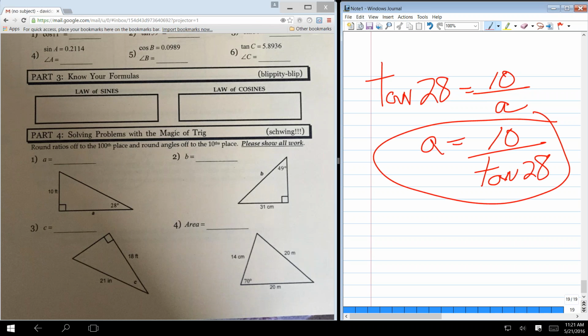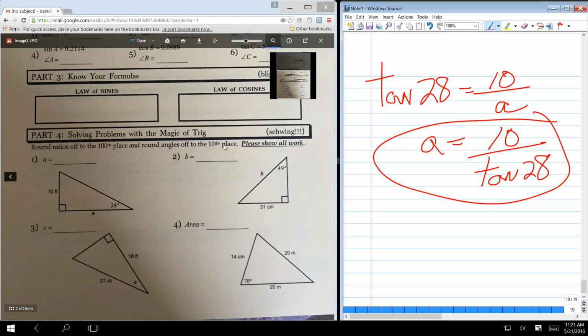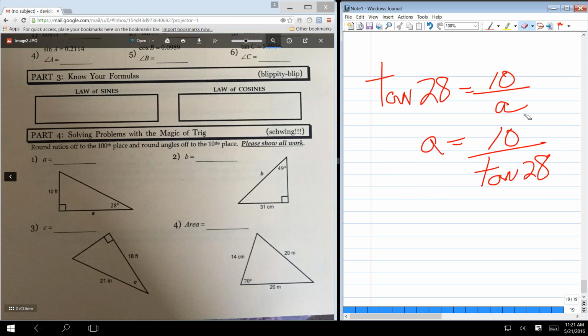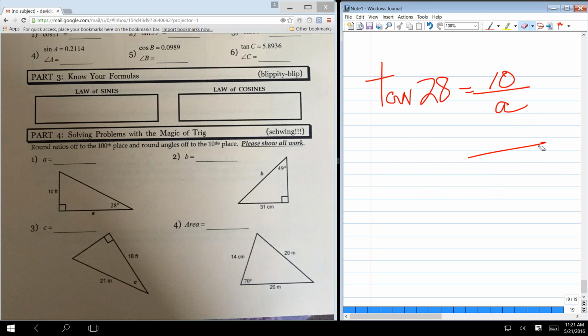And you rounded it off to the 100th place. What does that mean? How many decimals? That's 2. Correct. And still they want you to round off angles to the 10th. Okay, on number 2, what equation can I write? Starting with the trig function and the angle on the left.